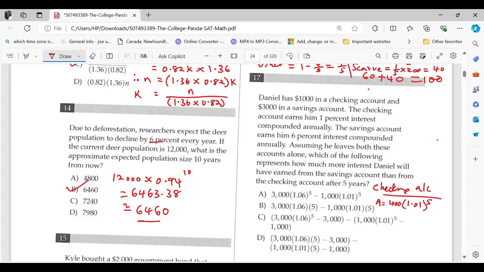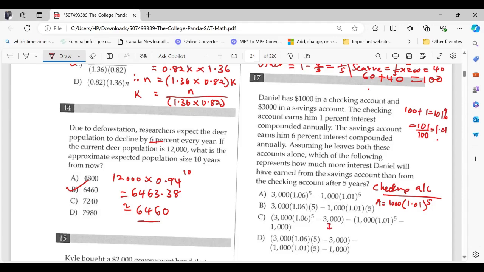Remember, our multiplier 1.01 is increased by 1%. So 100 plus 1, that's 101%, which is 101 over 100, and that gives us 1.01. So that's the multiplier.